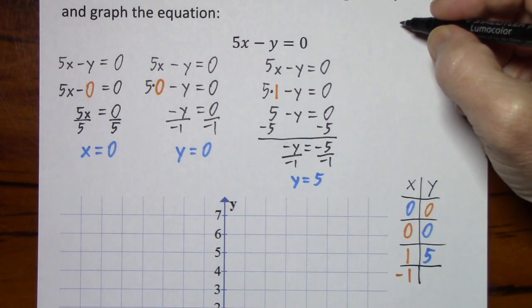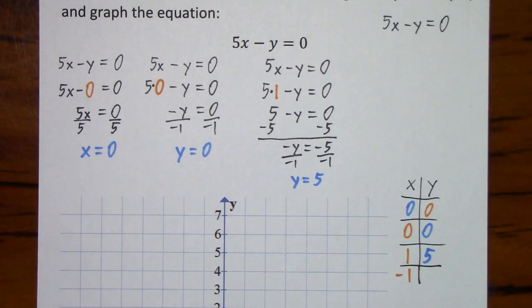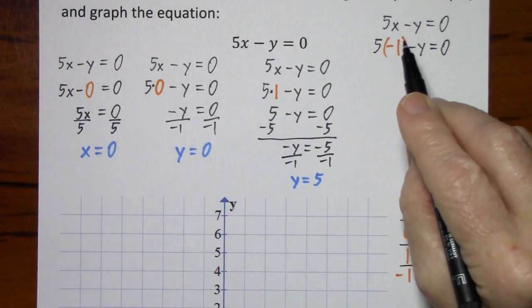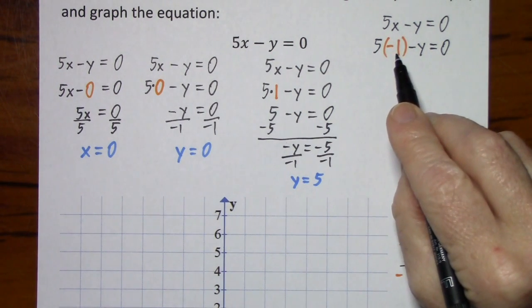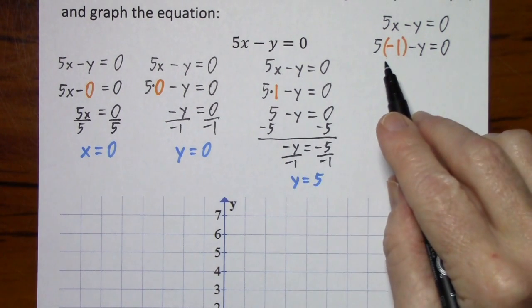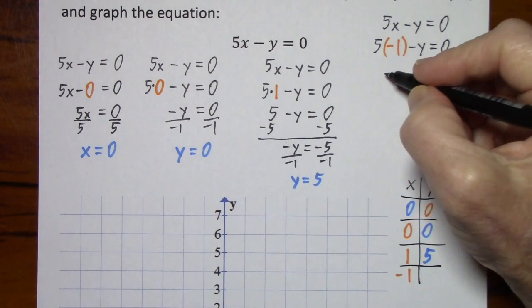I have to move this up a little because I'll run out of room. Notice this time I used parentheses because I plugged in a negative value. You could indicate multiplication with a dot, but I just like to be more careful using parentheses. So this gives us negative 5.